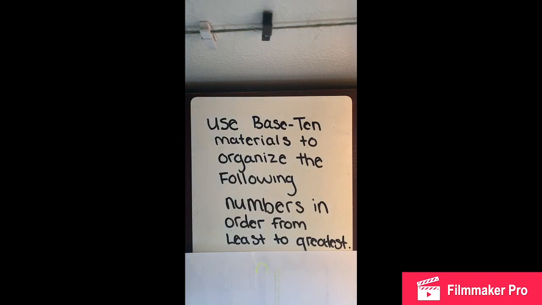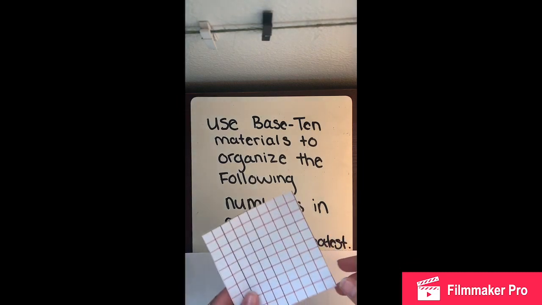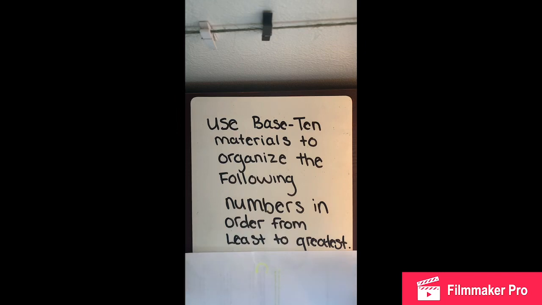Now we are going to be using our base 10 system to rank some numbers from least to greatest. To do this, you can either use your base 10 pieces as we used in our last example, or you can represent your base 10 pieces by drawing them like this.